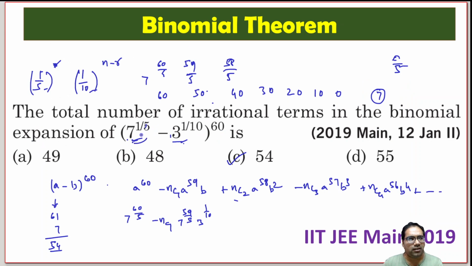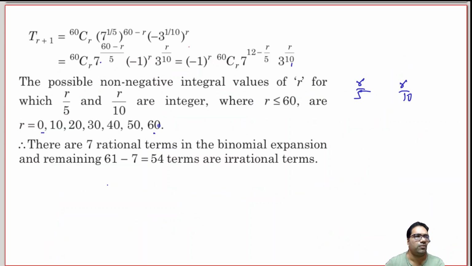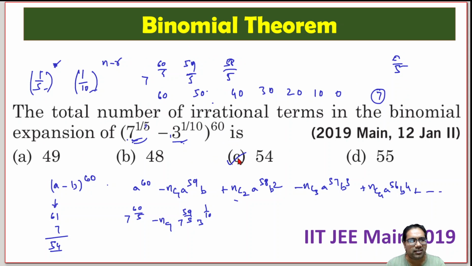So 7 raised to an integer and at the same time 3 raised to an integer should happen, and the powers of a and b should add up to 60. If the power of a is n − r, the power of b should be r. So for which r's is this possible? It is possible only for these 7 r's. So the correct answer is 54.